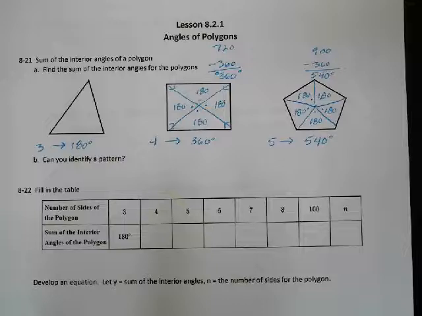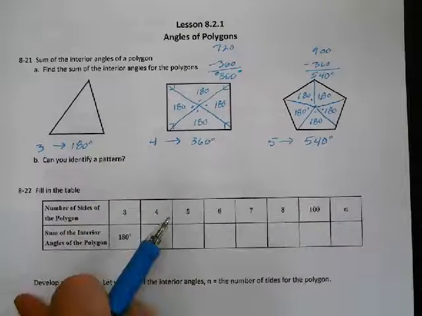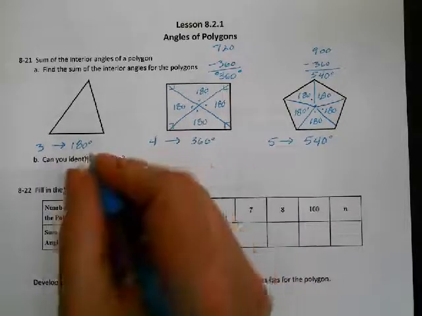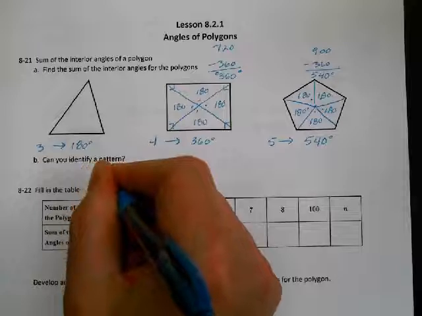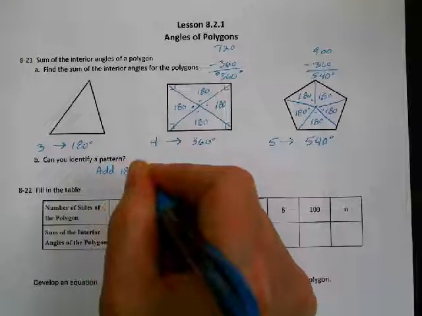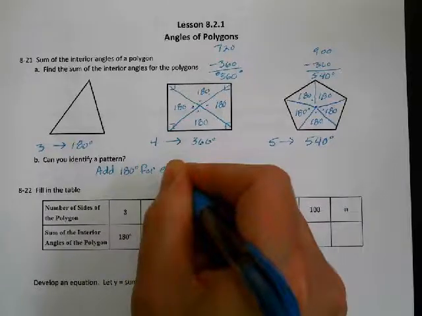Well, it looks like I'm adding 180, I'm adding 180. It looks like each time I add a side, I add 180 degrees to the sum of the interior angles. So we add 180 degrees for every side added.